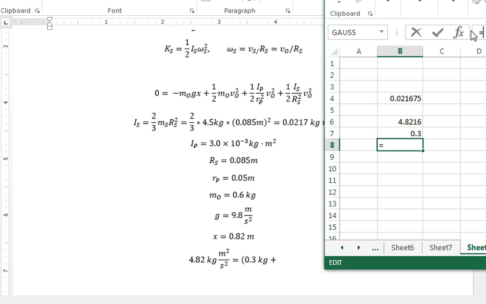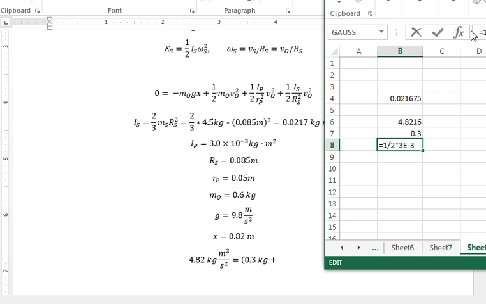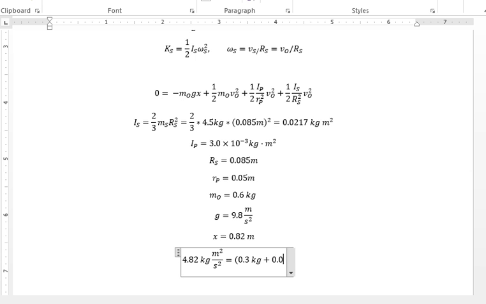All right, so equals 1/2. The next coefficient, 3e minus 3 divided by 0.05 squared. So that's 0.06 kilograms, plus.